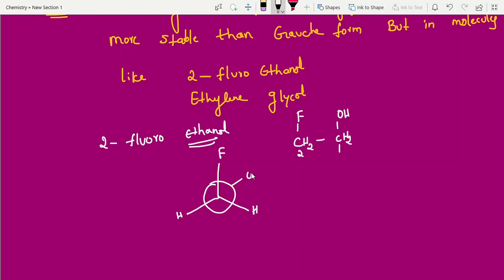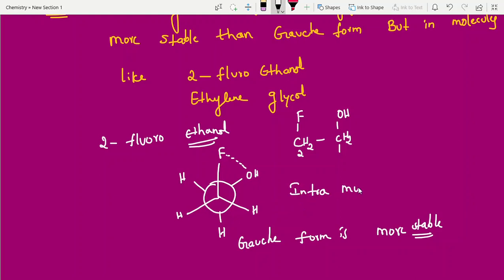This is the Gaussian form. I am writing, this is H, this is H, this is the Gaussian form. The Gaussian form is more stable than anti. The reason behind this is intramolecular hydrogen bonding. Any special bonding that is there makes it more stable. We have learnt this in the chemical bonding chapter also. That is why it is more stable. Hope everybody is clear on this topic, students.